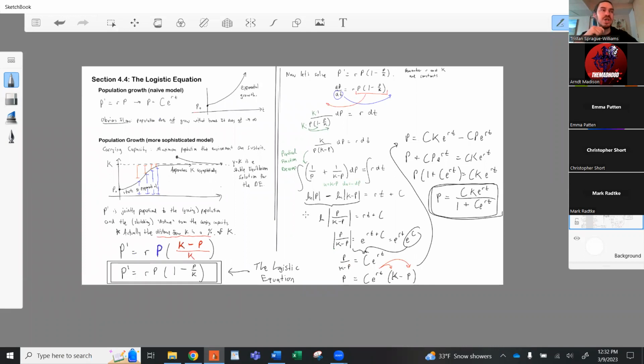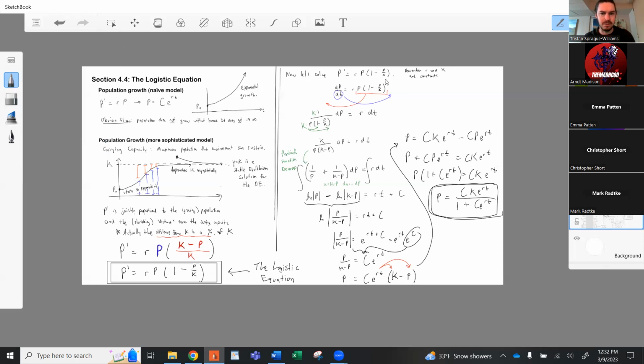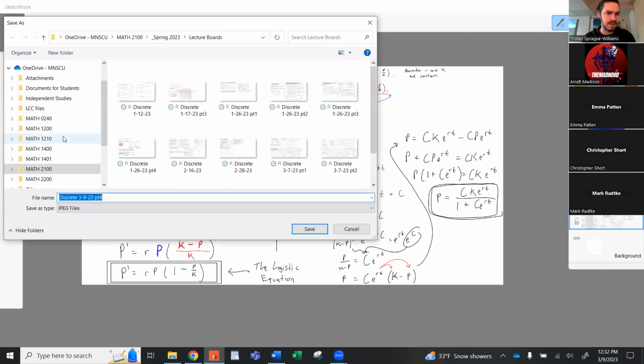Then we could very quickly create a formula for a specific population by knowing the initial population, the carrying capacity, and the growth rate. Currently, this constant C isn't some easy parameter that relates to something in the real world. So that's what we're going to do next: try to adjust our formula to be more compatible with real world applications.